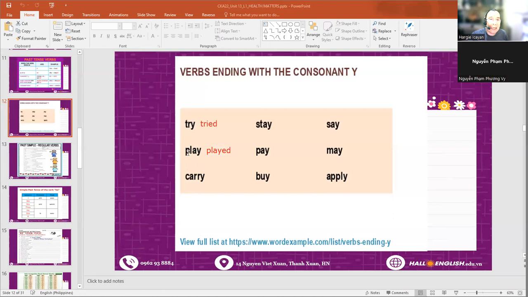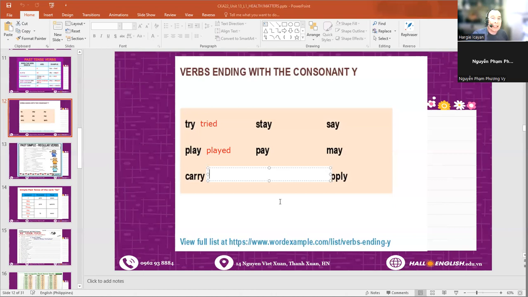Because with the word play, of course, we do not change the Y into I. We just have to add only ED, since the base form is play, and it ends with a Y preceded by a vowel letter. So therefore, we don't need to change the Y into I. We just have to add ED because the word play is a regular verb.